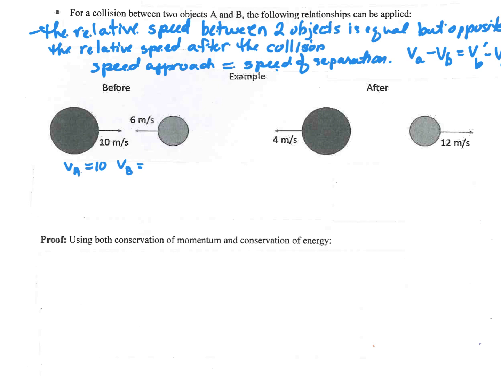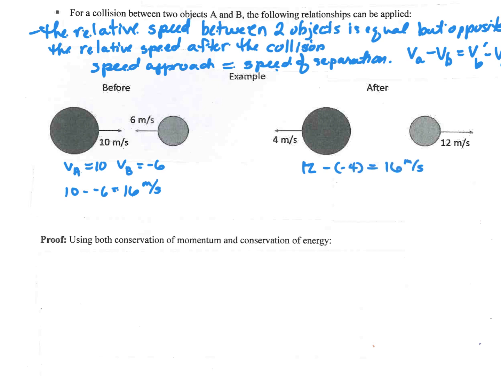So we have 10 minus negative 6, which would be 16 meters per second. Now after separation, notice what we have: two objects moving opposite. So now we have 12 minus negative 4, which would again be 16 meters per second. So they are the same.